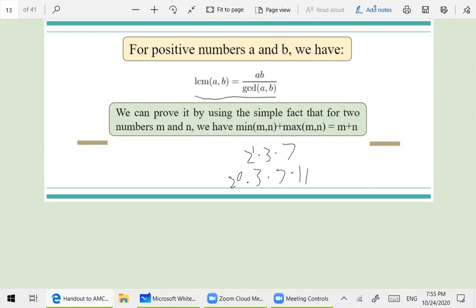So there's a 2 to the 0 here, and an 11 to the 0 here. So their GCD would be 2 to the 0 times 3 to the 1 times 7 to the 1 times 11 to the 0, which is 3 times 7. And the LCM is similar, except it's the larger of the two exponents when you prime factorize it.